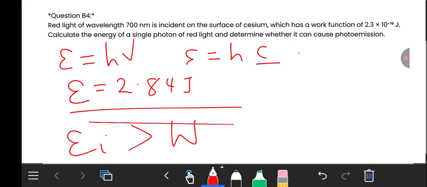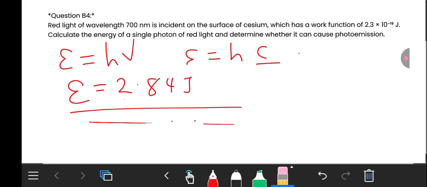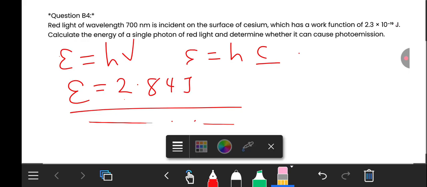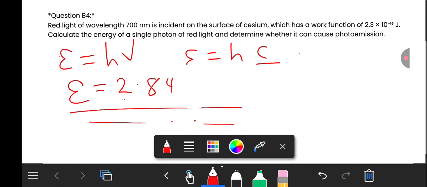So that is the condition. In this question, the work function we've been given is 2.3 times 10 to the power negative 19 joules, and our energy was 2.84 times 10 to the power negative 19 joules.